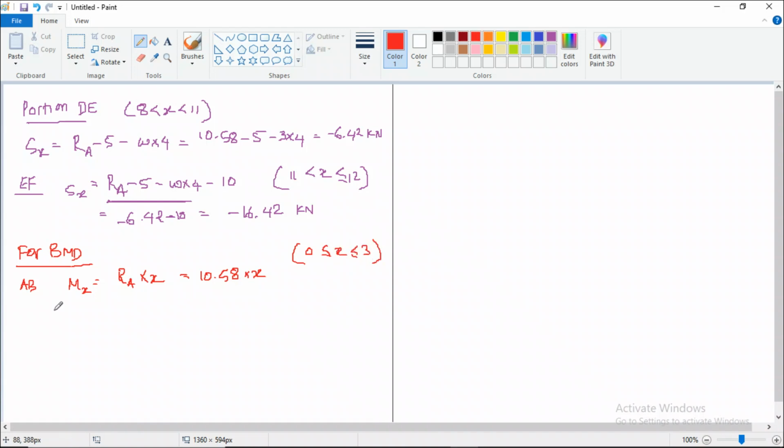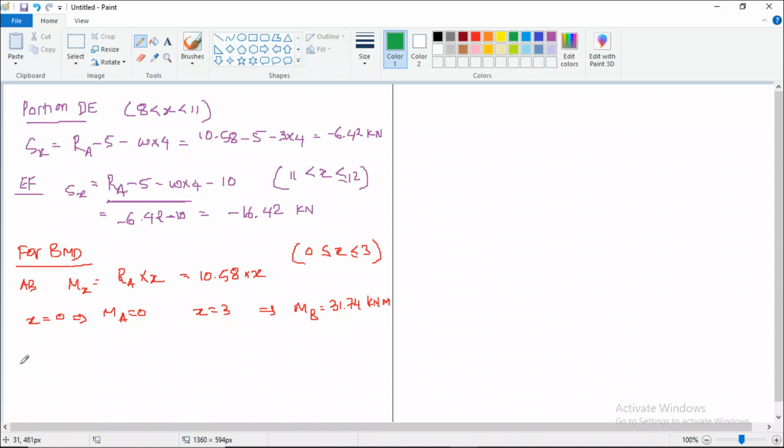At x equal to 0, the moment value at point A becomes 0, and at x equal to 3, which is point B, you will get the moment at point B as 31.74 kilonewton meter.